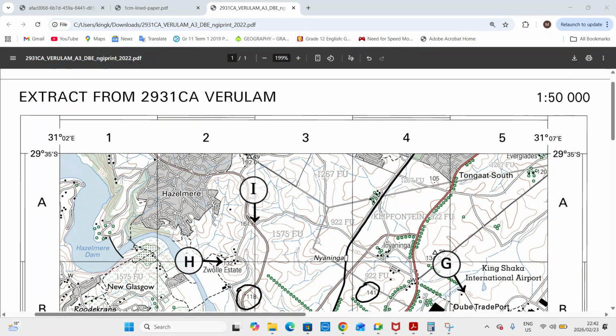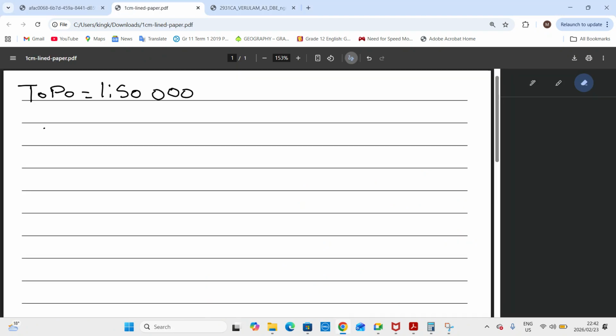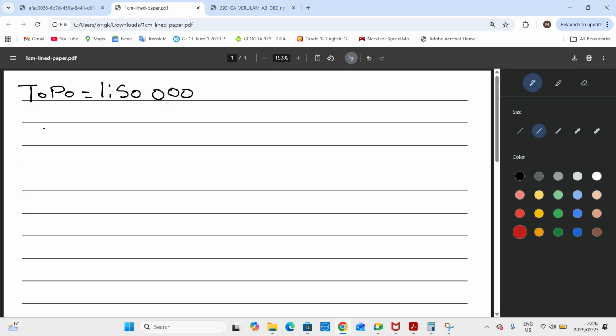Now, before we calculate our gradient, I want to show you some cool tricks on how to convert a scale. Okay, let's select a pen. When working with a topographic map and you are measuring using centimeters on the map, then to convert centimeters to meters, you will have to multiply by 500.